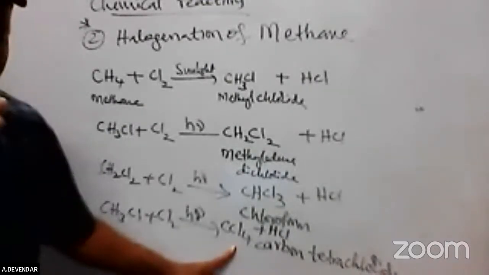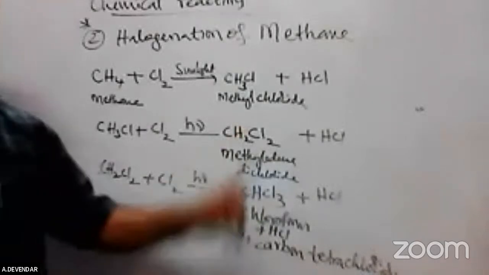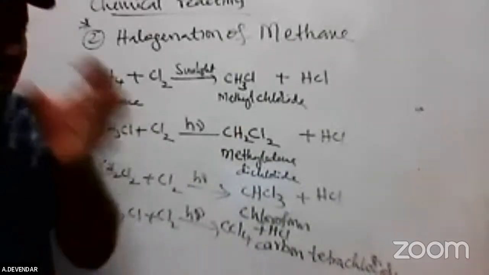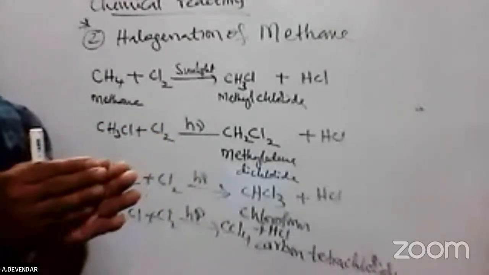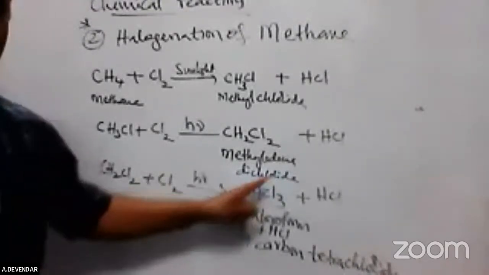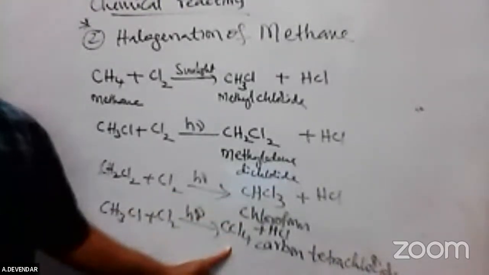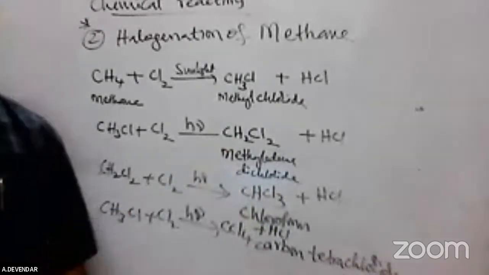So avoid exposure to sunlight. You keep chloroform in very thick brown bottles, which do not allow sunlight inside. If sunlight is allowed inside, chloroform will ultimately be converted to carbon tetrachloride within a few hours. That's why this laboratory reagent is preserved only in brown colored bottles.